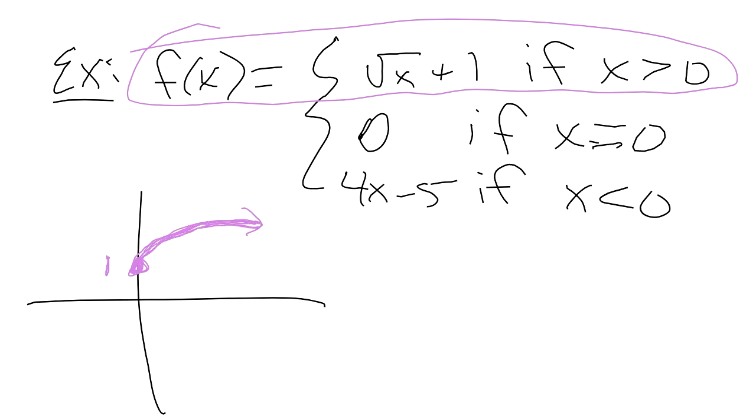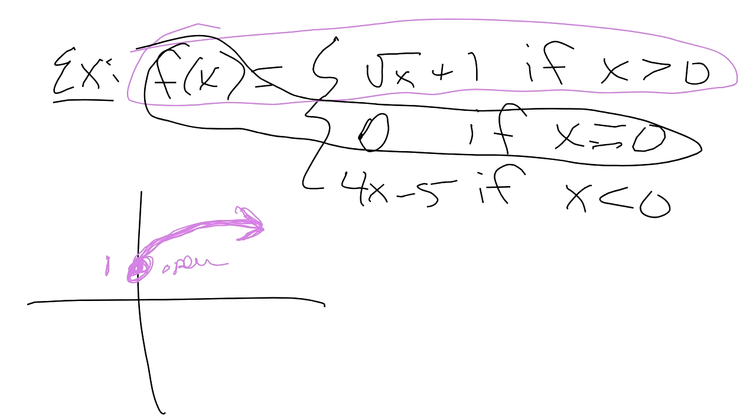That's the square root graph with an upshift of 1. By the way, I screwed that up because this has to be an open dot, because it said strictly greater than 0. Then at x equals 0, that's the closed dot. The purple one needed to be open.